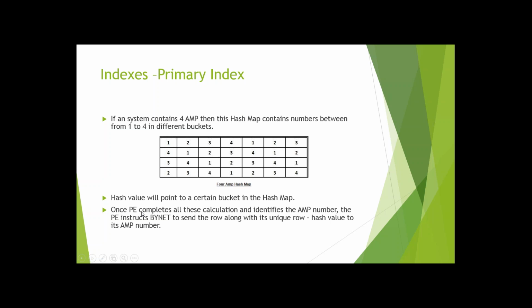So once the parsing engine completes all this calculation and identifies the AMP number, the parsing engine instructs the BYNET. BYNET is the interface between the user and Teradata to send the row along with its unique row hash value to the AMP number. So that's how the insert script, the value in our example 3 and Harsha, will be stored to that particular AMP number.